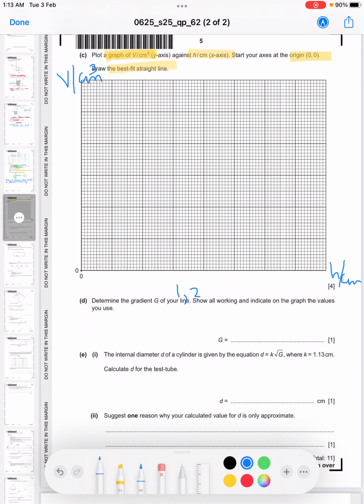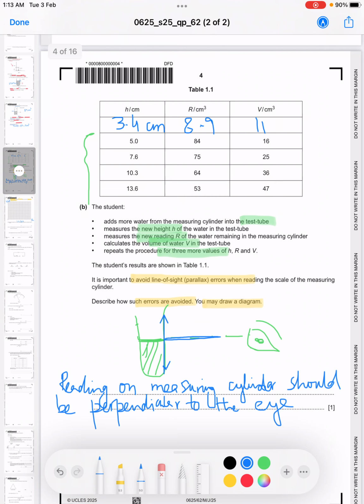The selection of a scale is very important. I will just give you an overview, and if you want further explanation on drawing graphs, you can comment and I will make a separate detailed video. Here I will give you a few points to understand the question.